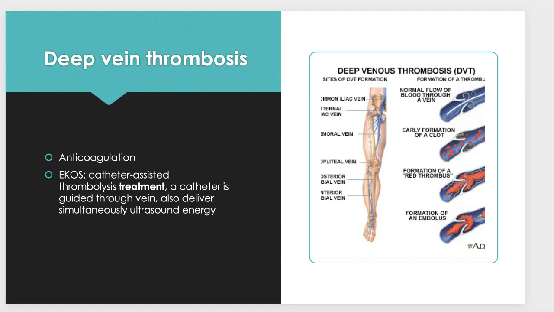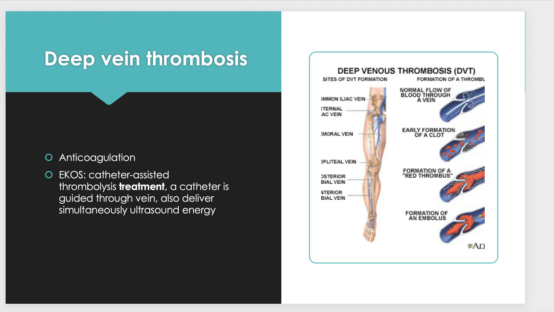DVT, or deep vein thrombosis, is clots that have formed in the venous structure of either lower extremities, or I've seen many patients have DVTs in upper extremities. So the whole goal with these patients is to treat them with anticoagulation.